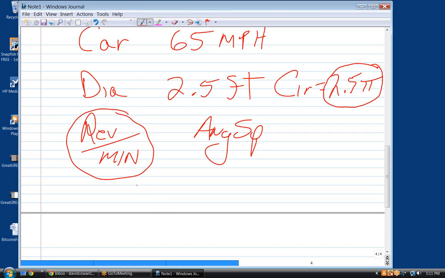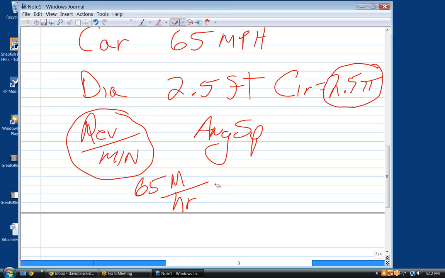If we start off with 65 miles per hour, we have to figure out how many feet that is per minute. So I need a series of conversions that ends up with feet per minute. Then I'm going to convert that feet per minute to revolutions per minute and angular speed.